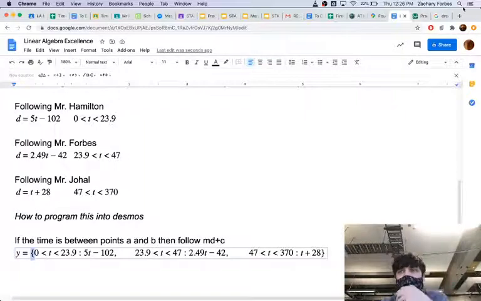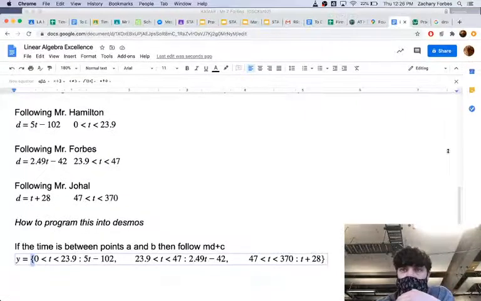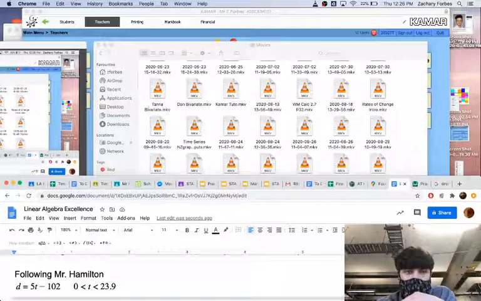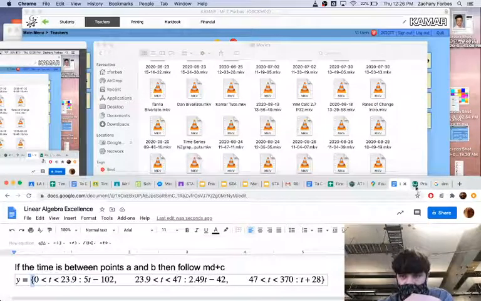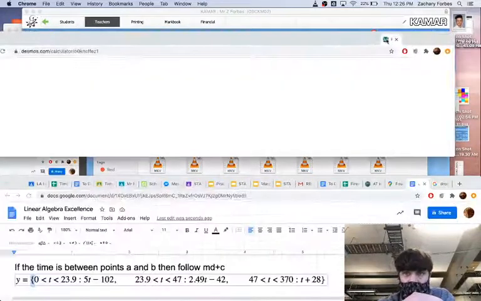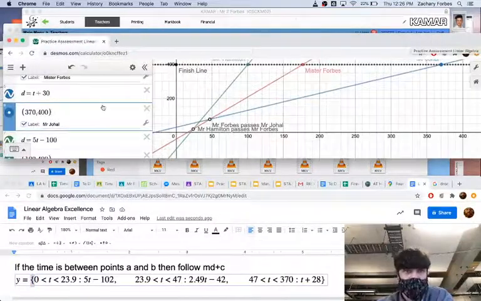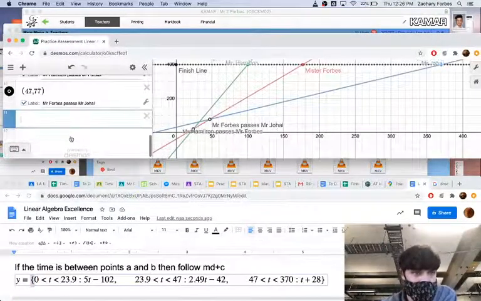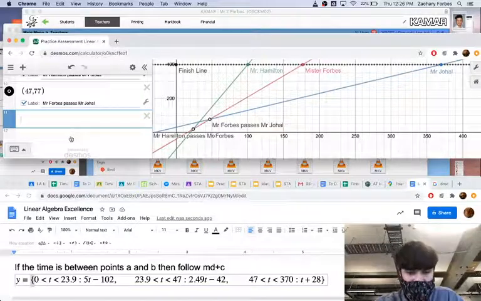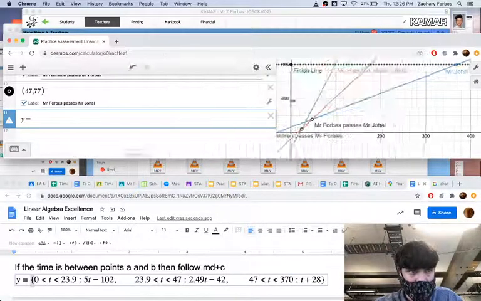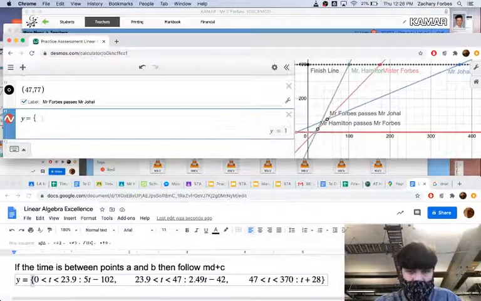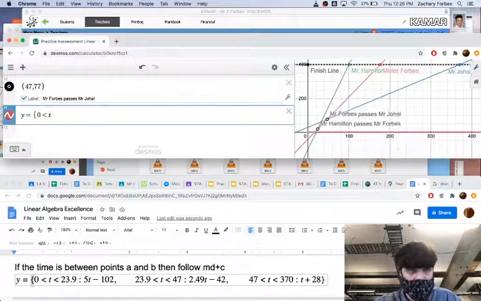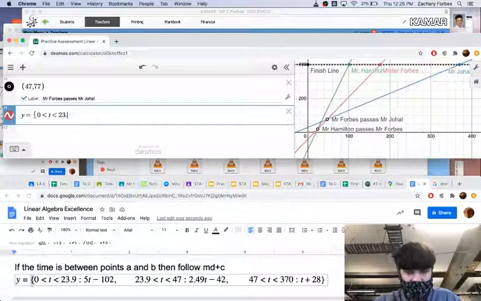So what we're going to do now is I'm going to chuck that into Desmos. Let's see if I can get it to fit on the screen, and then I'll get Desmos up here. Nice. So we're just going to copy that into Desmos. So I'm going to make a new line, and I'm going to write y equals, let's pull this across, I open the parentheses like this, from 0 to 23.9.